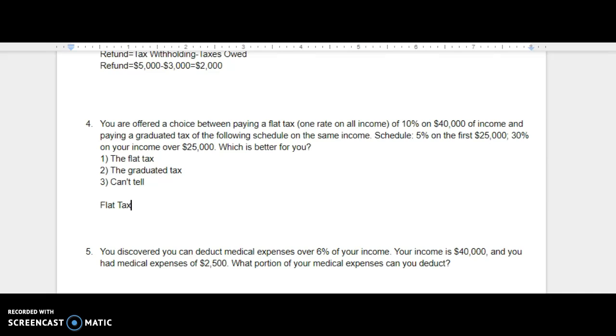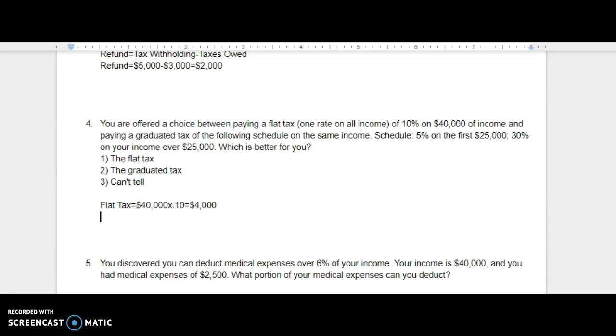For the flat tax, all we are going to do is take the amount we earned, which we know is $40,000, and multiply it by a flat rate of 10%. So let's move that decimal over, 0.10, and that is equal to $4,000 that we would have to pay on $40,000 if we paid a 10% flat tax.